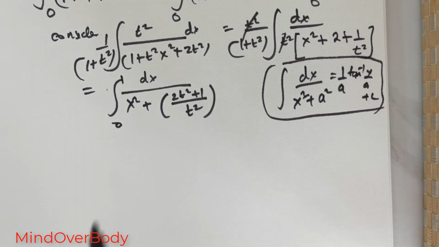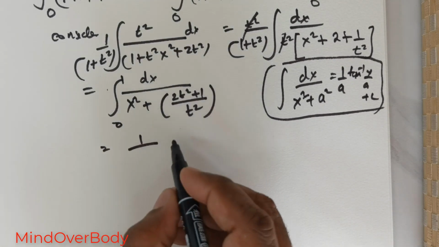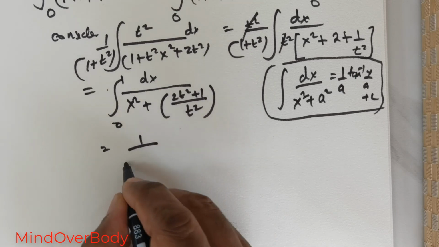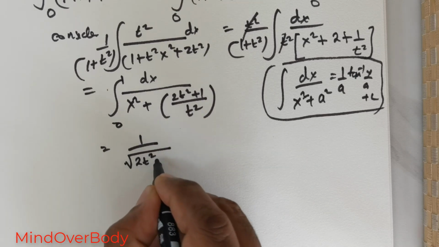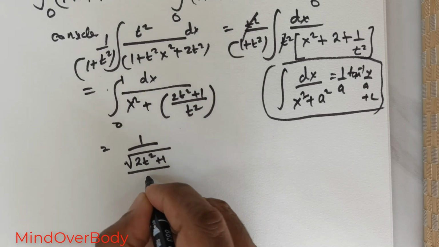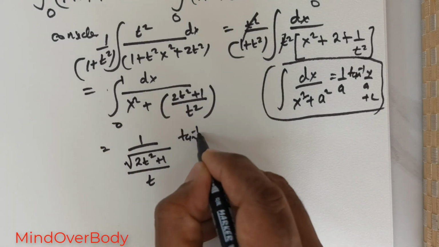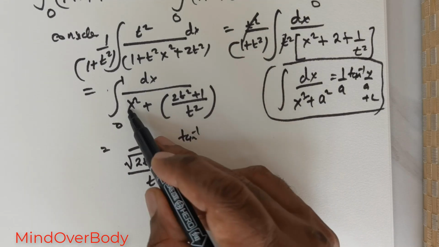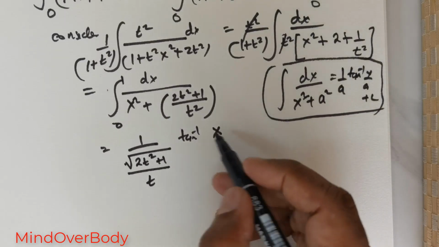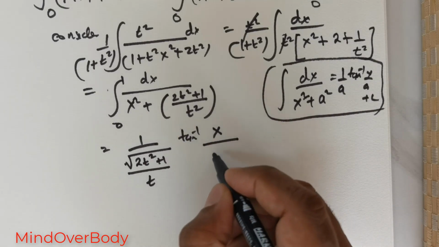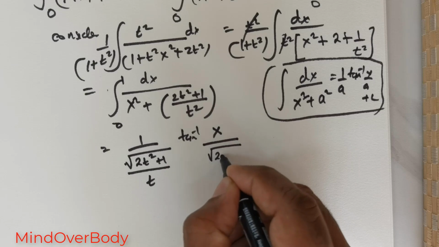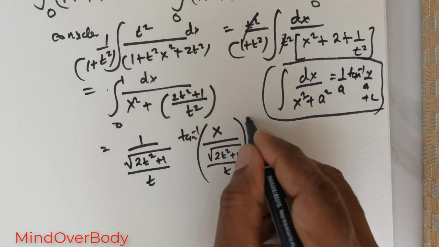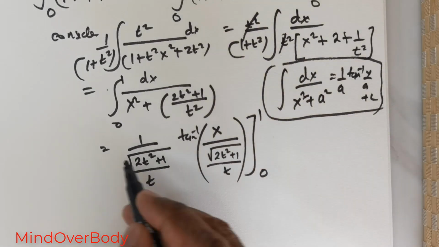So this is going to be 1 over a, where a is root of 2 times t squared plus 1 divided by root of t squared, which is t, times tan inverse of x divided by a, which is root of 2 times t squared plus 1 divided by t, right? The limits are 0 to 1.